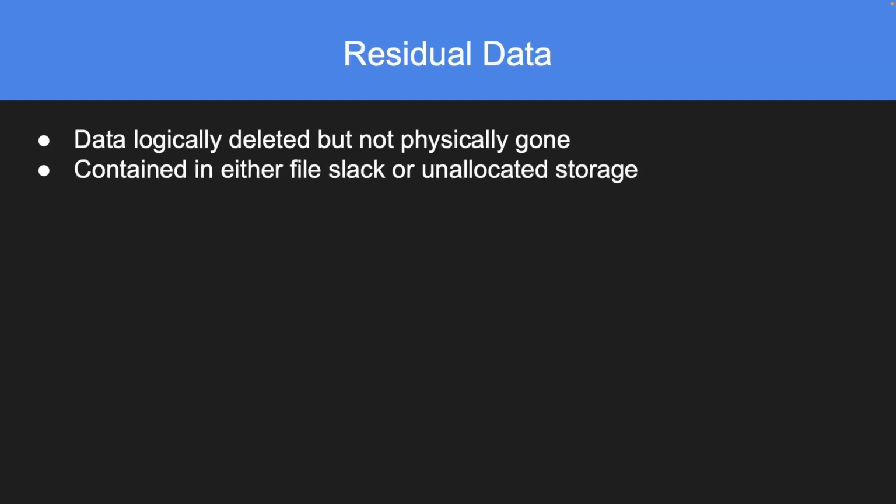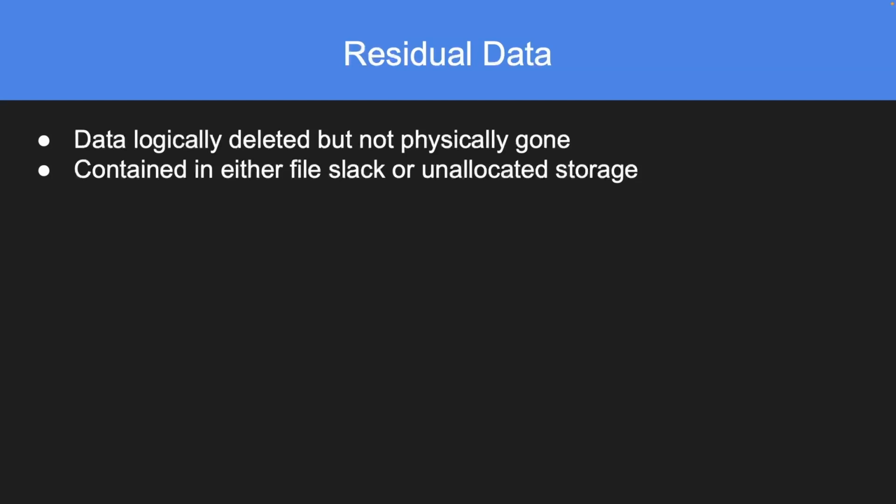So this residual data can either be contained in file slack or unallocated storage. What file slack is, as you'll see going forward, is if we have a certain cluster of data in our logical place, that can be a certain amount of bytes, and a certain amount of bytes can be stored by something.